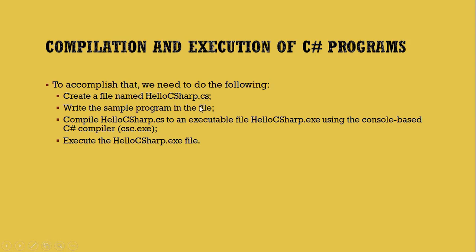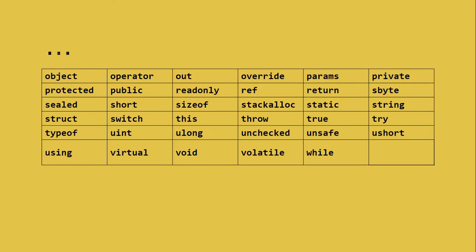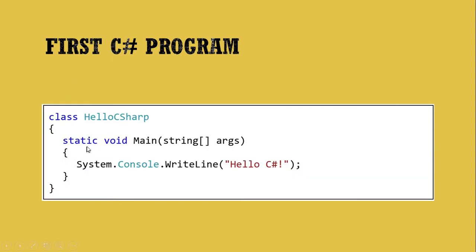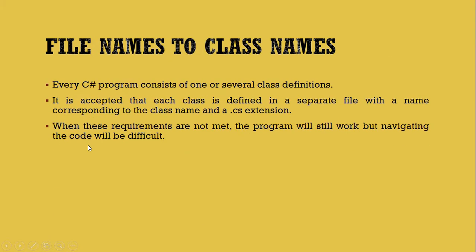Then you need to have a sample program in that particular file. For example, the very simple C# program that you have seen as an example, this one. Write down this source code into your file.